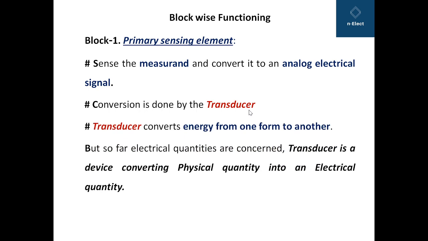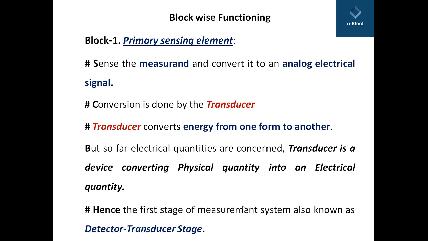Now, what is a transducer? A transducer converts energy from one form to another. But this definition of transducer has limitations so far as electrical quantities are concerned. Therefore, the more proper definition of a transducer is a device which converts a physical quantity into an electrical quantity.